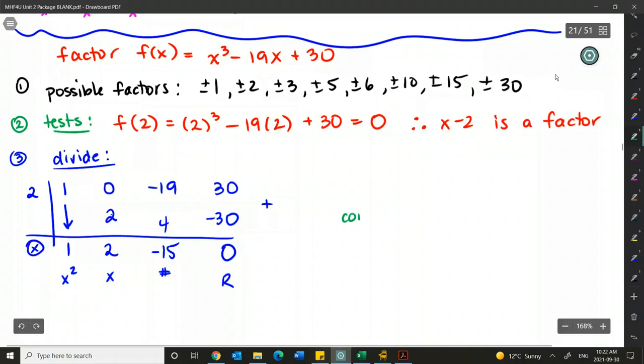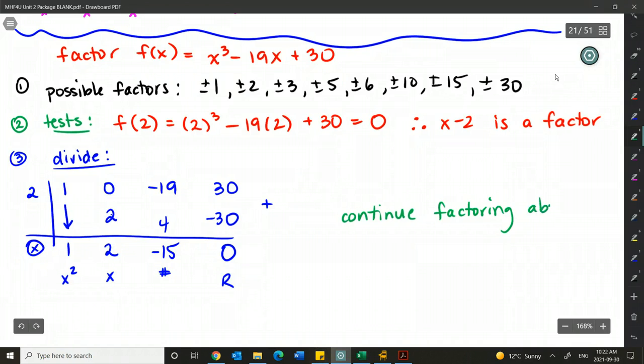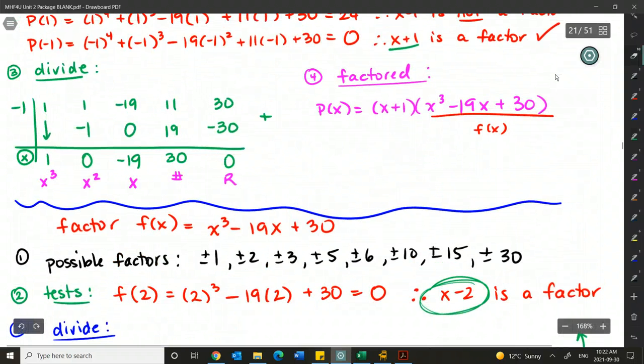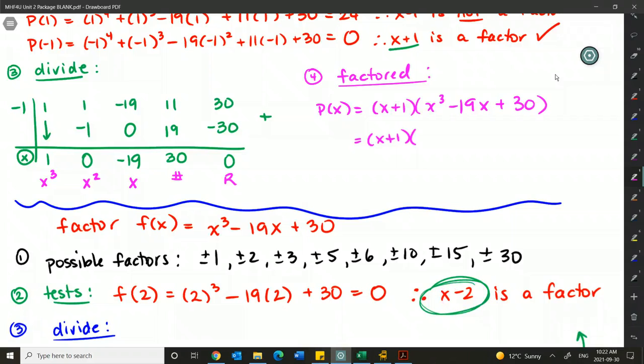We're going to continue the factoring above. Now that we have this. And don't forget about this. This is another bracket that we just found. So here we go. Now we're factoring further. X plus 1 will stay as it is. I just divided f at x, or this here, with x minus 2.